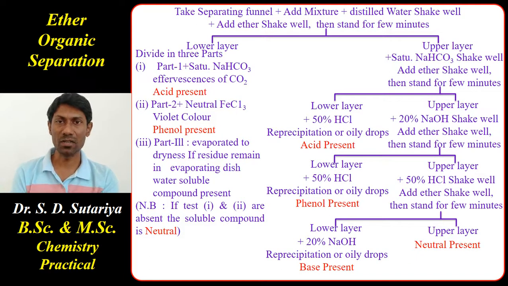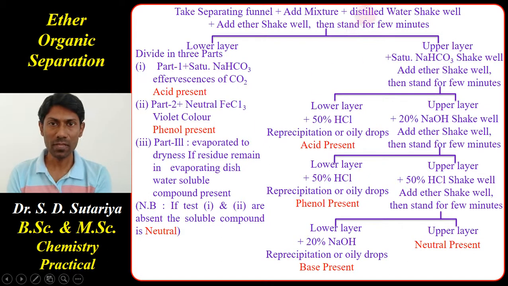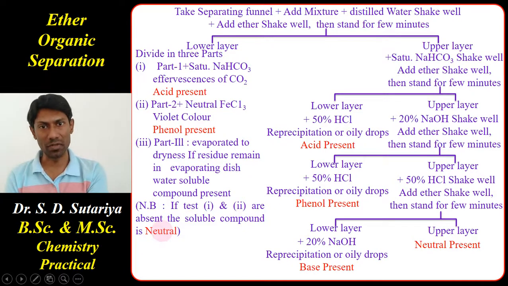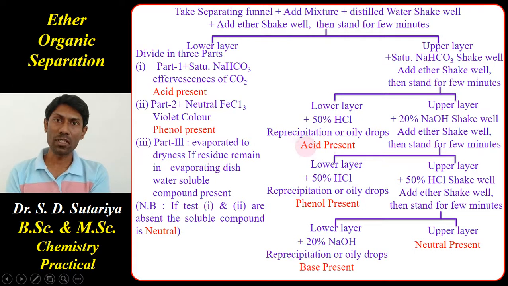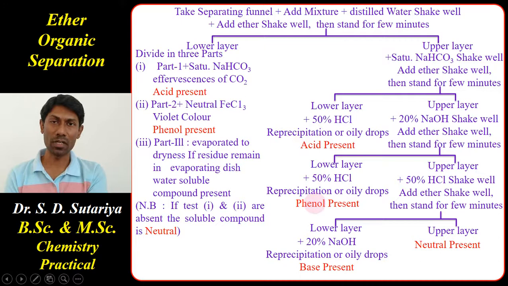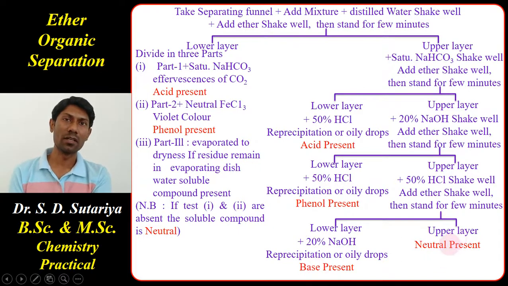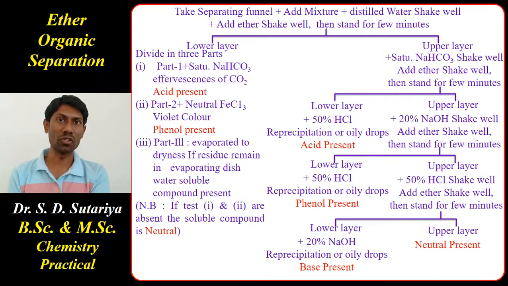So let's check all the types. The first types are water-soluble acid, solid or liquid; water-soluble phenol, solid or liquid; water-soluble neutral, solid or liquid. Then water-insoluble acid, solid or liquid; water-insoluble phenol, solid or liquid; water-insoluble base, solid or liquid; and water-insoluble neutral, solid or liquid.